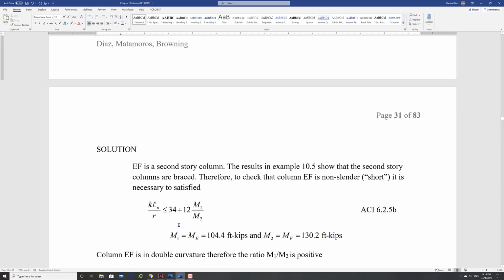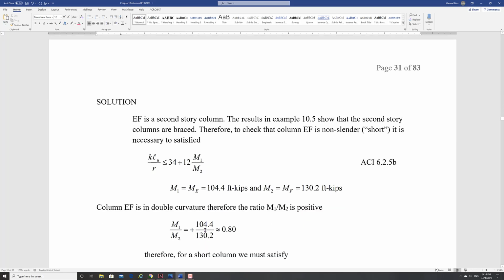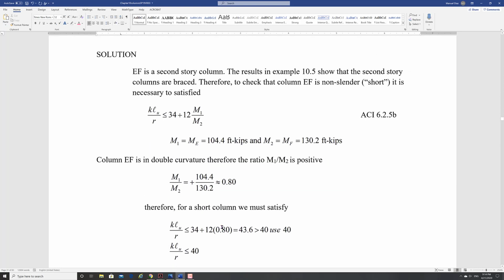Because it's braced, we're going to use this formula. And with that formula, I need to know the moments. My moment 1 is the smallest, which is 104, and the largest moment, which is moment 2, is 130. So I got my moments. I put them here in the ratio. Double curvature is positive, so that would be 0.8. Positive, I put it here.